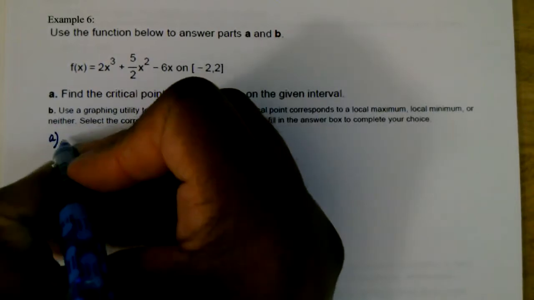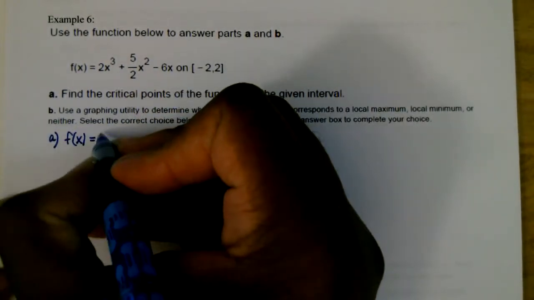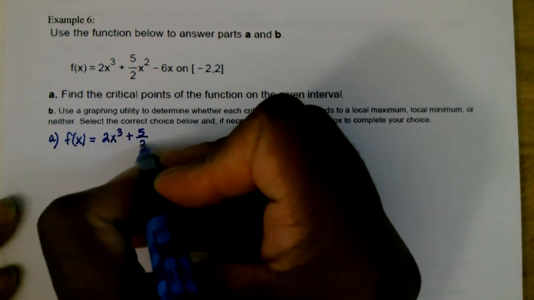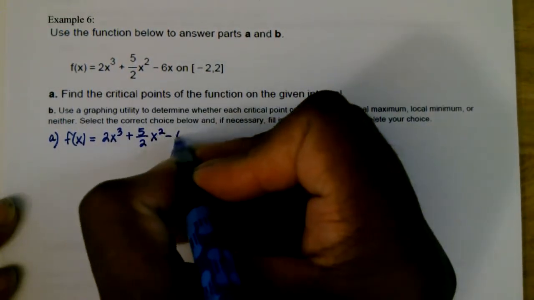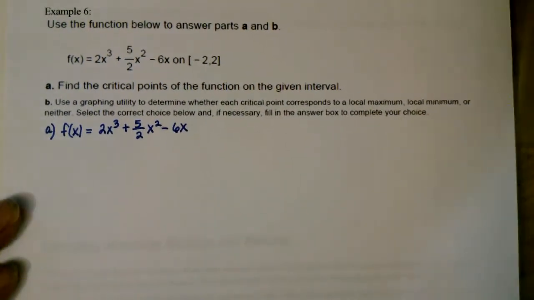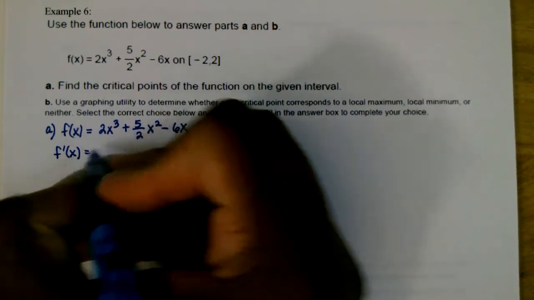All right, so in this case here, we're going to do part A. So here's our function f of x is equal to 2x cubed plus 5 halves x squared minus 6x. And now let's take that derivative. So f prime of x would be this.